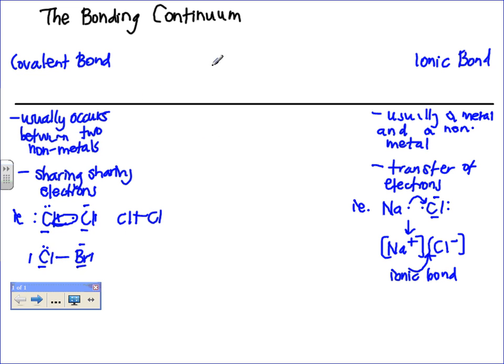Now, as we talked about, these are the extremes. So ionic bonding is where we've got a full transfer of electrons, which is one extreme in the bonding continuum. Covalent bond is where we've got pure sharing of electrons, which is the other extreme. So what we have in the middle here is what is called a polar covalent bond.